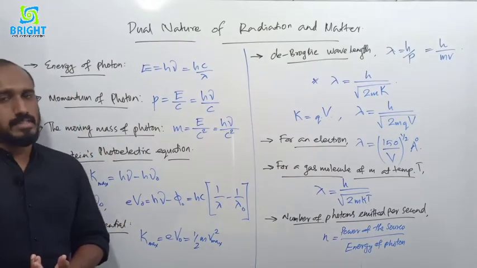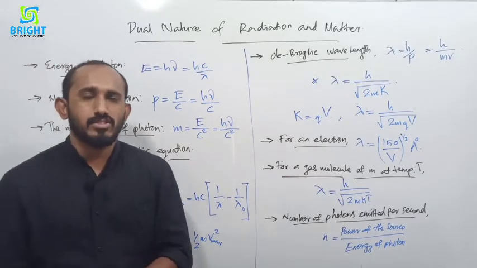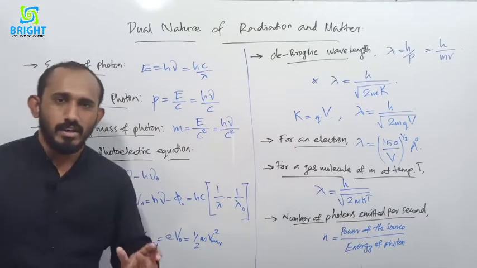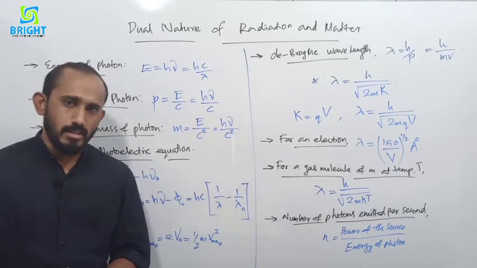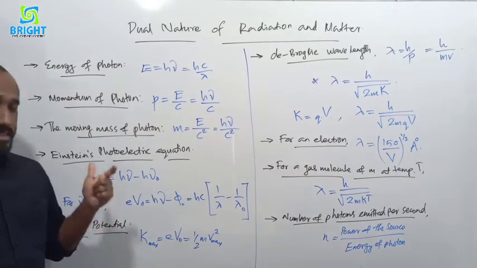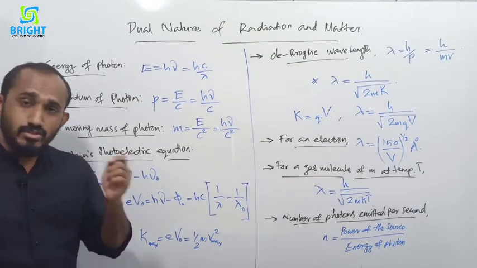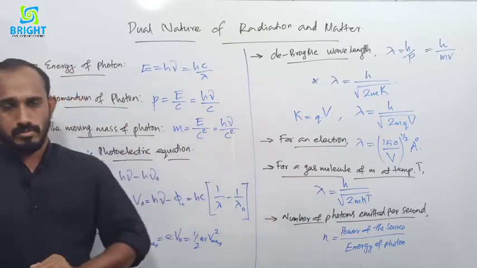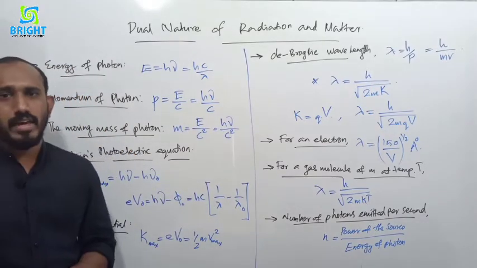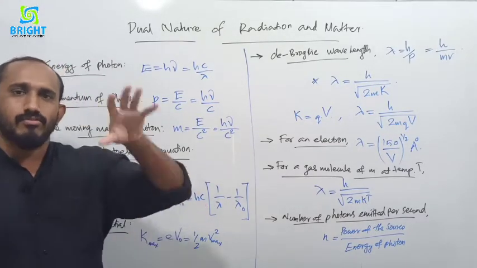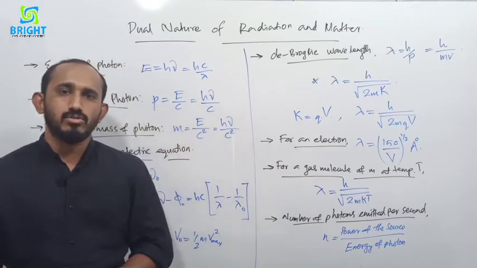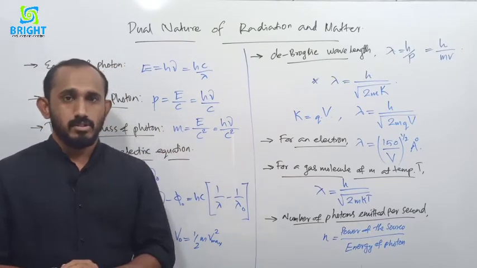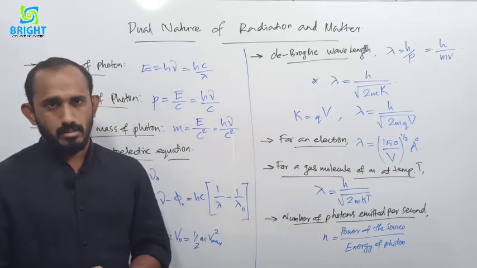Einstein says that the kinetic energy of the ejected electrons from a photoelectric effect, K max, the maximum kinetic energy, will be equal to the difference between the energy of the incident photon and the work function required to eject the electrons. In a sense, the energy which falls over the metal surface is used in two parts. Total energy is conserved.